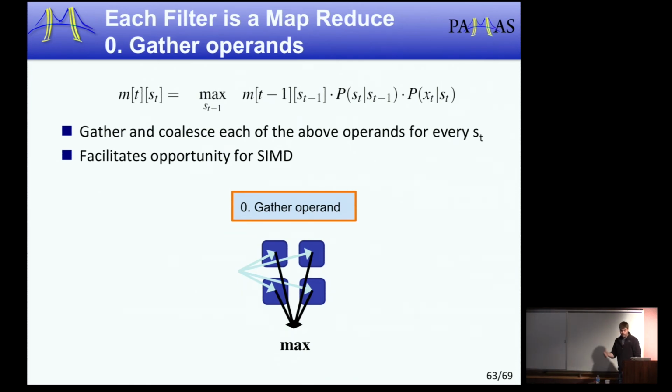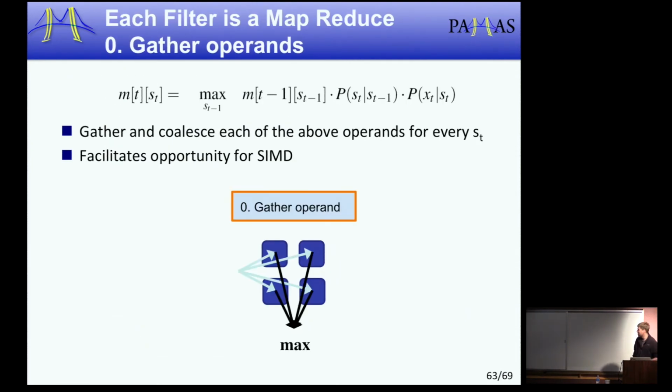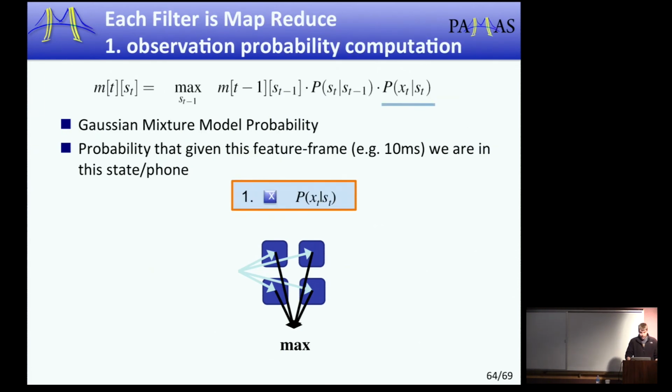Now we want to architect each one of those filters. So that gather operand step is a map where for all the active states, we perform a function to gather them and put them in a format that has good spatial locality. So that facilitates the use of SIMD. Next, we want to compute observation probabilities.